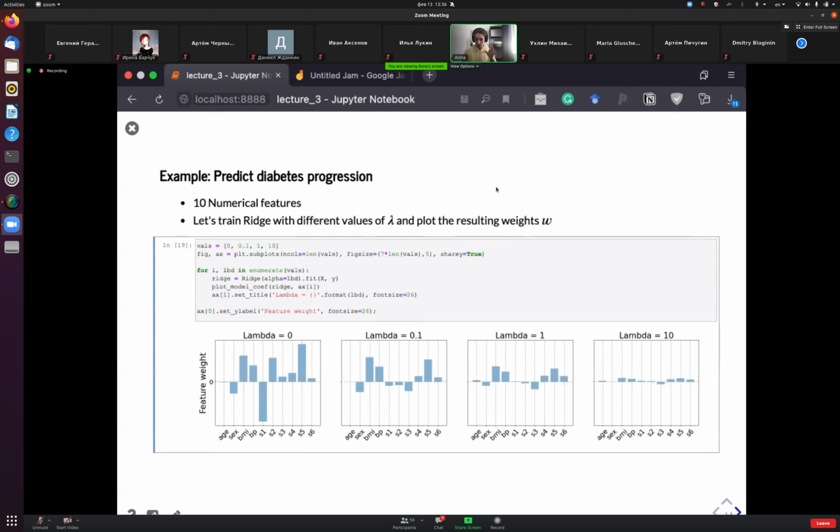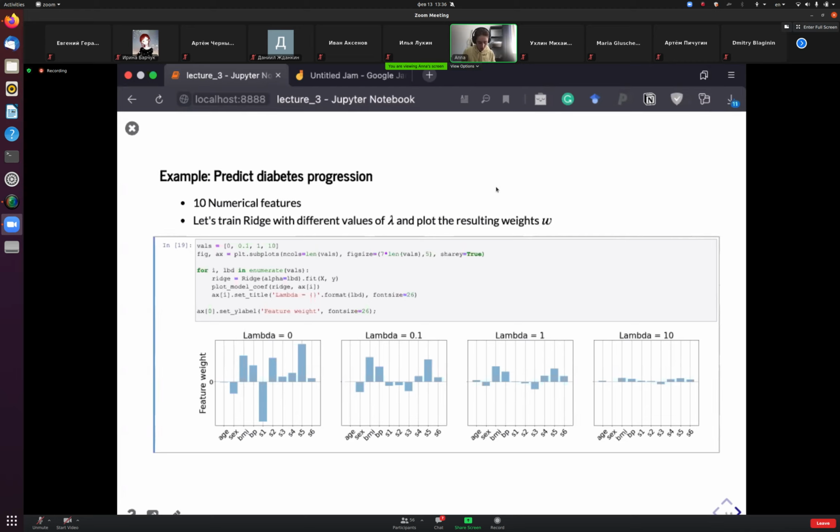And now we start increasing lambda. Firstly, we train a model with lambda equal to 0.1. You can just compare the height of each bar on the second plot to the height of the bar on the first plot. For example, let's take a look at the feature S5.